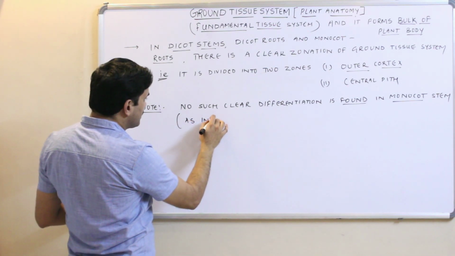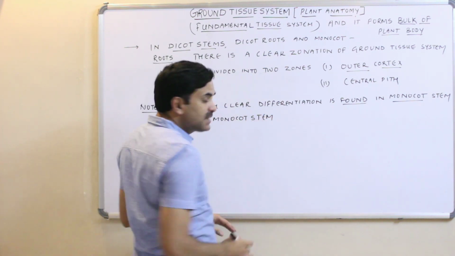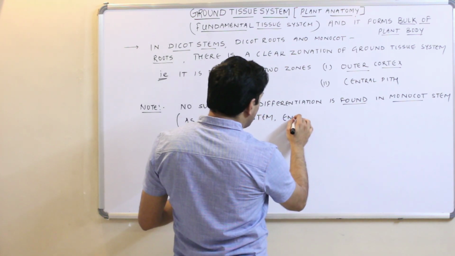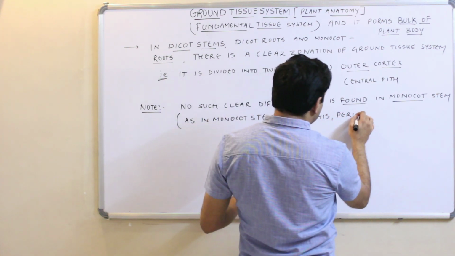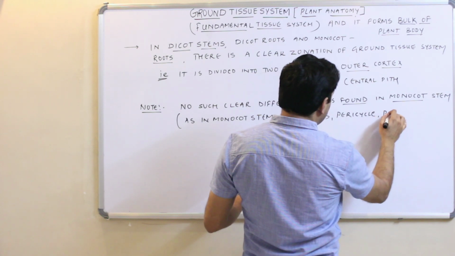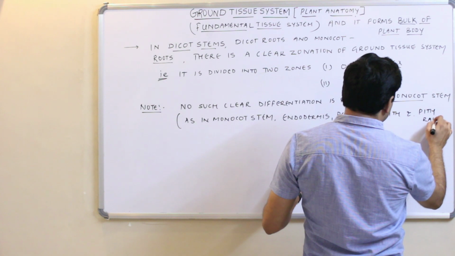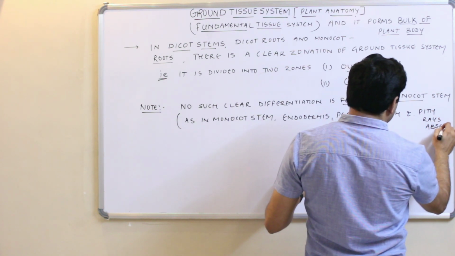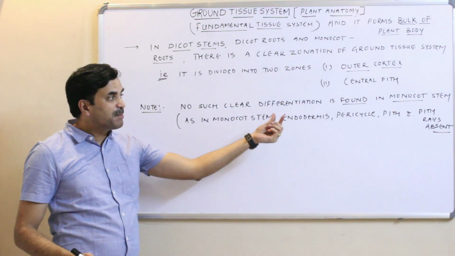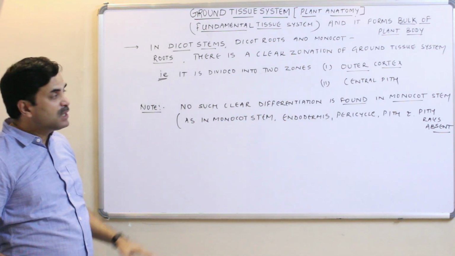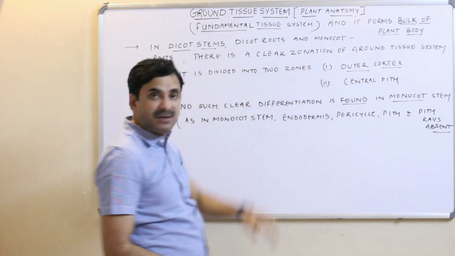As in monocot stem, endodermis, pericycle, pith and pith rays are absent. So we cannot say that the ground tissue system is divided into two zones, outer cortex and central pith.